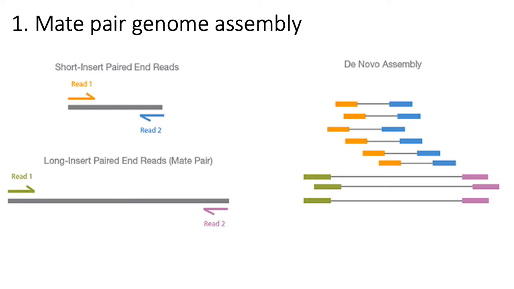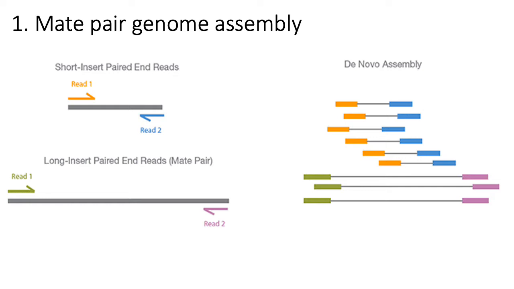In the mate pair genome assembly approach, you'll recall from the previous lecture that even technologies like Illumina SBS can give you paired end reads out of DNA fragments. It's worth noting that you can get paired end reads from both short fragments as well as long fragments.